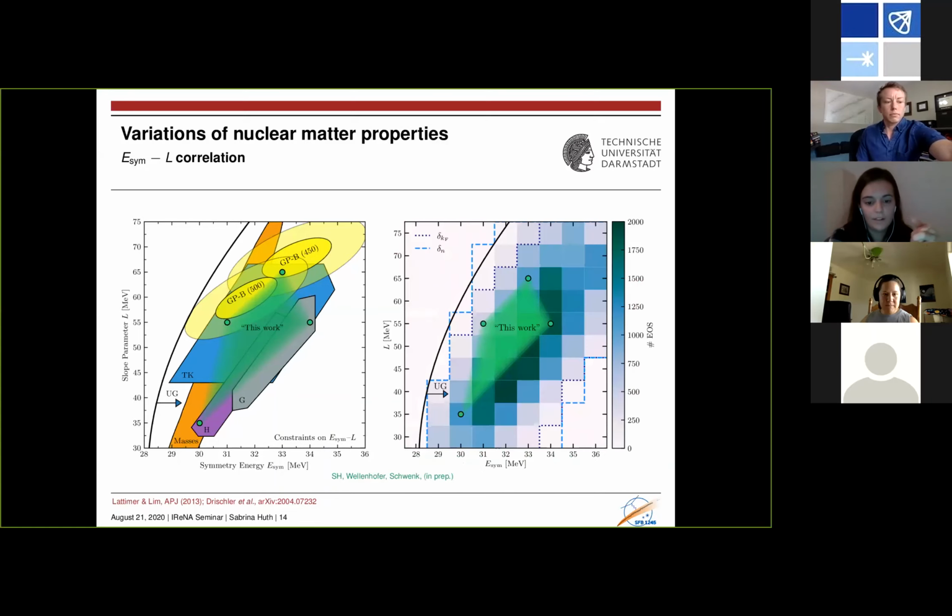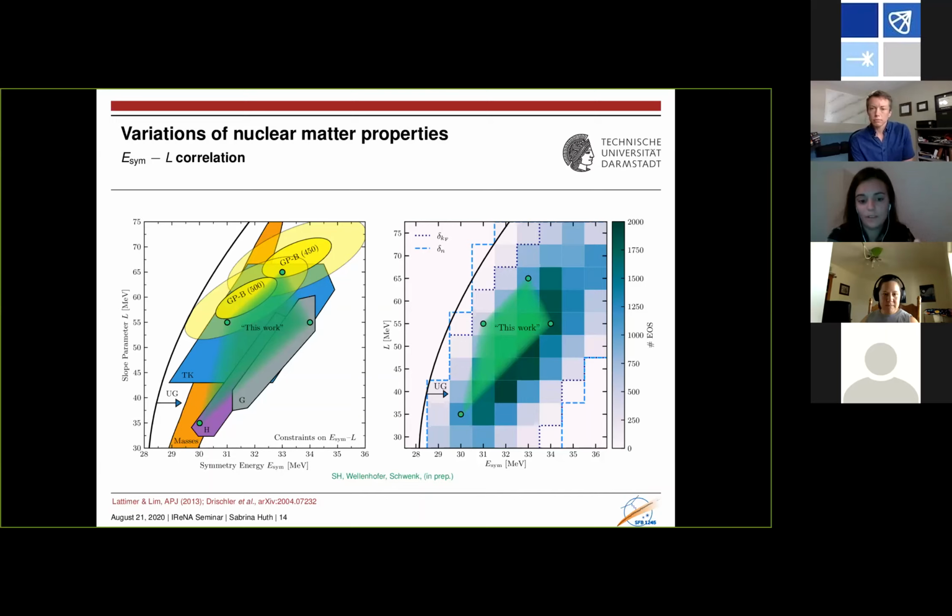But in order to really come up with these 4 specific points, we actually did another study. So for every combination of slope parameter and symmetry energy, we calculated all different equations of state.